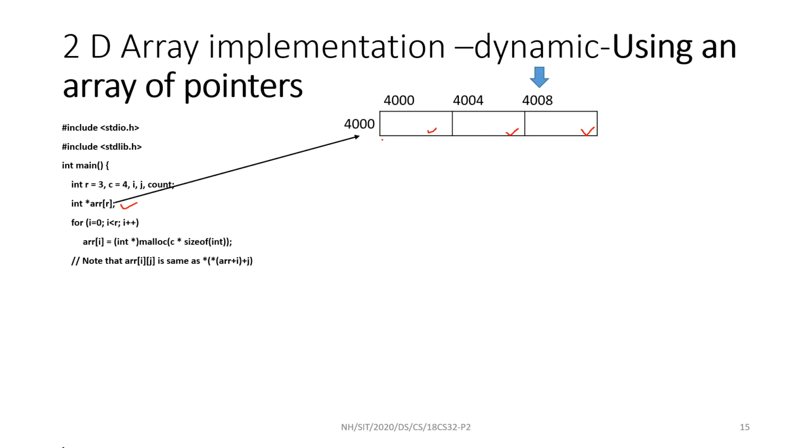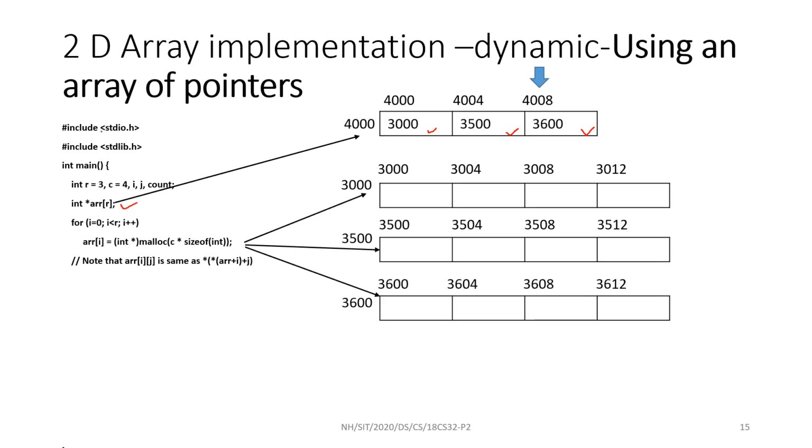Now I will start executing, allocating that memory location. Now I value is 0. That is ARR of 0. ARR of 0 is 3000. This address is put here in this array. So how many locations are required in that row?